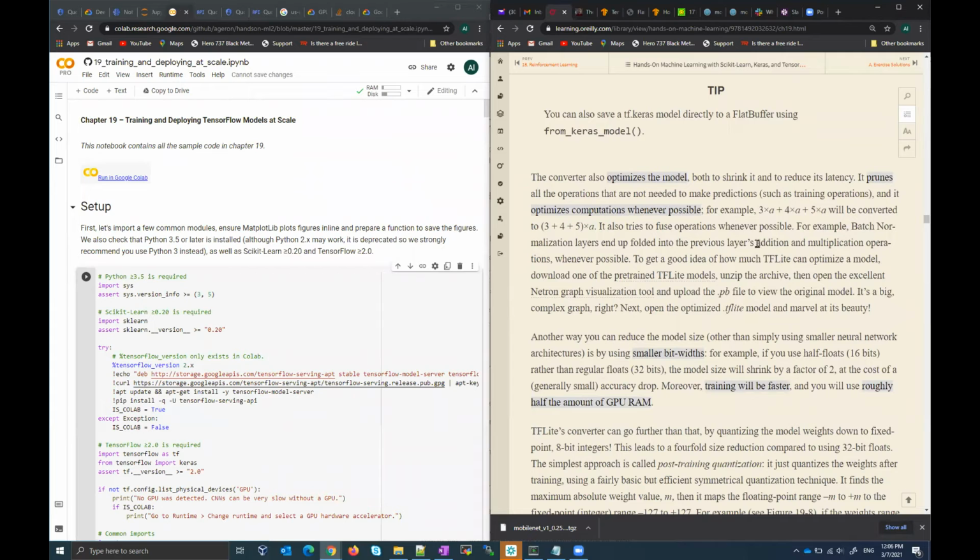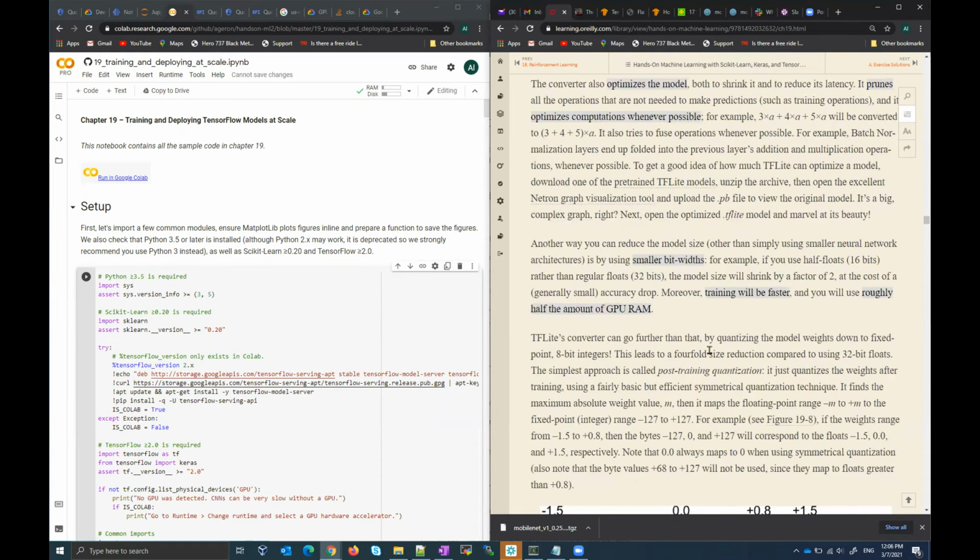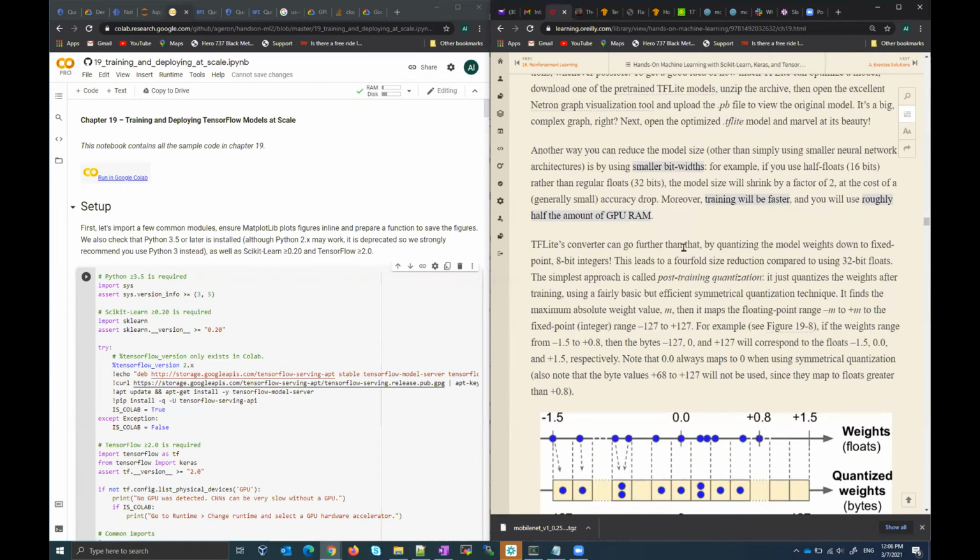And also it can use a smaller number format, for example, from 32 bits to 16 bits, right? That will use less memory and less computation. So prediction should be faster, right? And use less memory on the GPU.